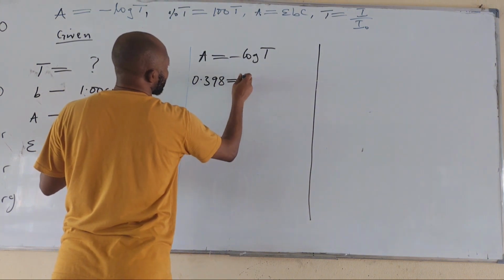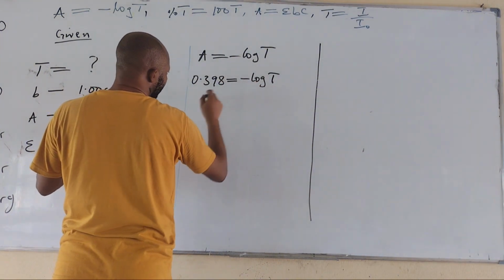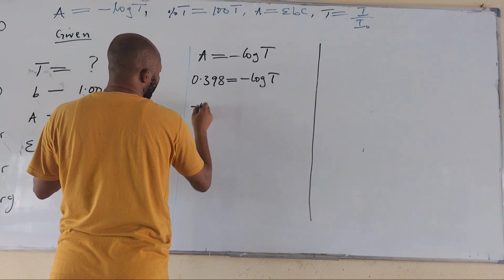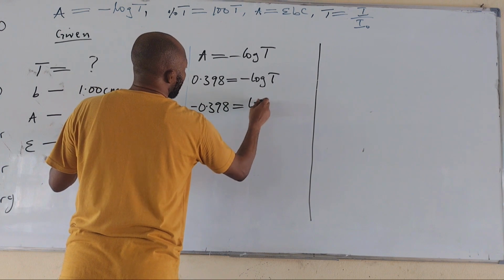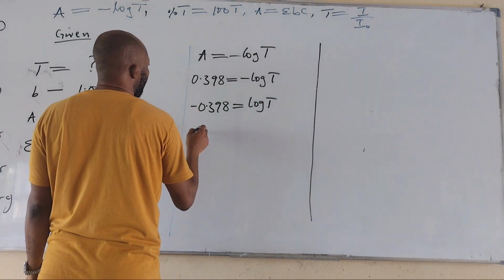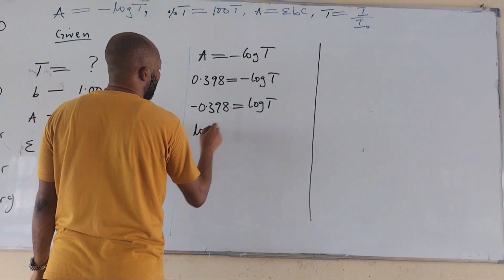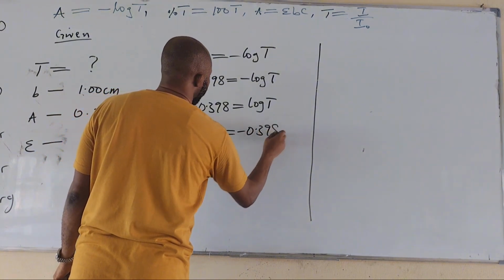So 0.398 is equal to minus log of T. Dividing both sides by minus, log of T is equal to minus 0.398.